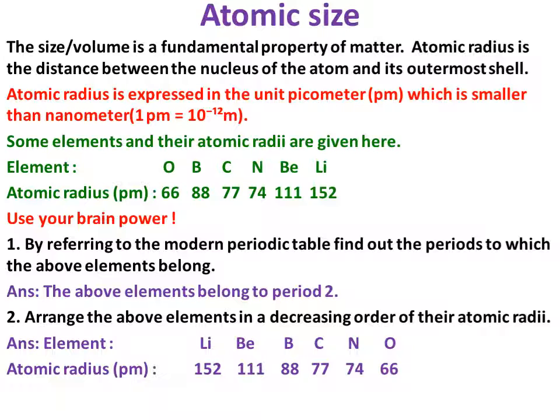The answer is: lithium, beryllium, boron, carbon, nitrogen and oxygen. And the atomic radii of these are lithium 152, beryllium 111, boron 88, carbon 77, nitrogen 74 and oxygen 66. They are in decreasing order of their atomic radii.